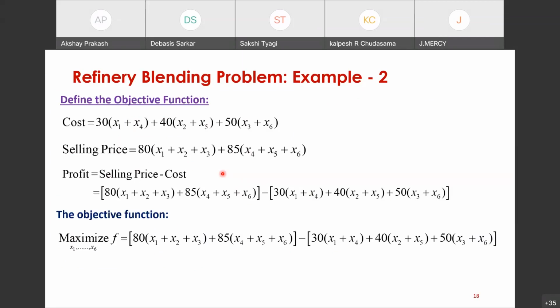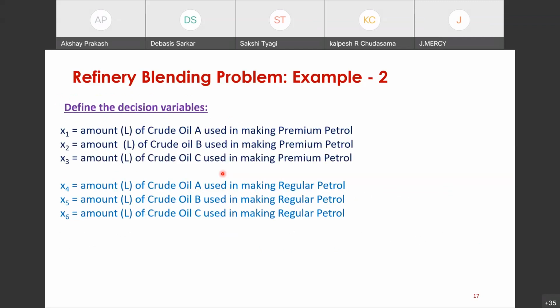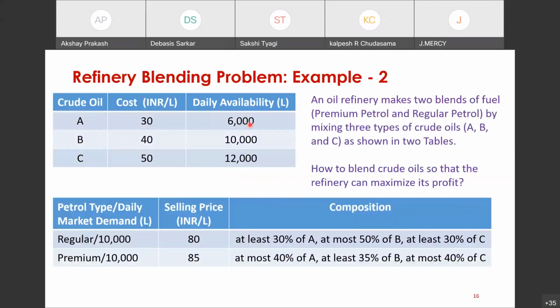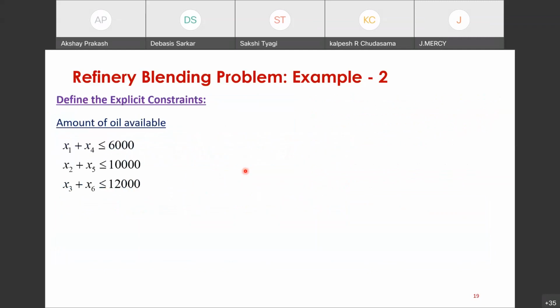Crude oil A daily availability is 6,000 liters, crude oil B 10,000 liters, crude C 12,000 liters. So you can write these as X1 plus X4 less than or equal to 6,000, X2 plus X5 less than or equal to 10,000, and X3 plus X6 less than or equal to 12,000.